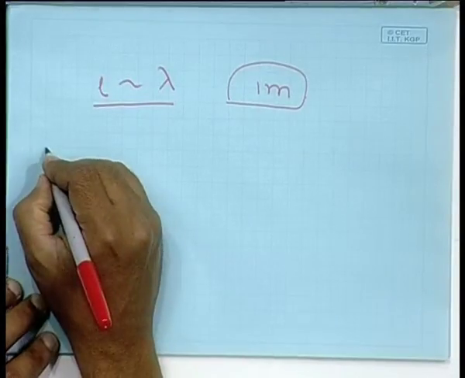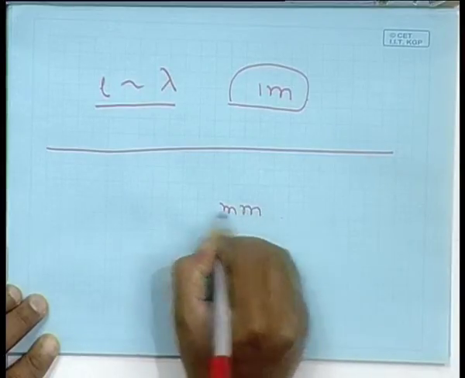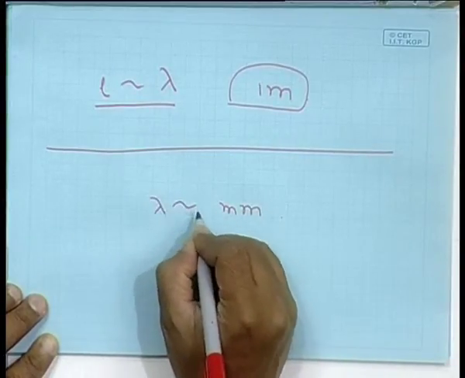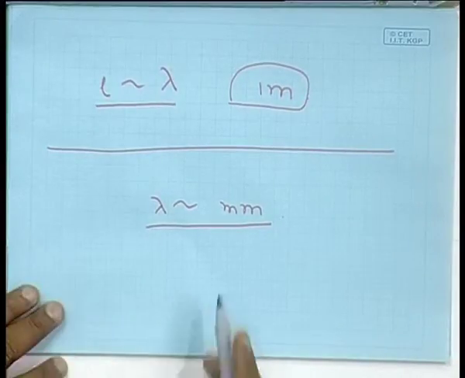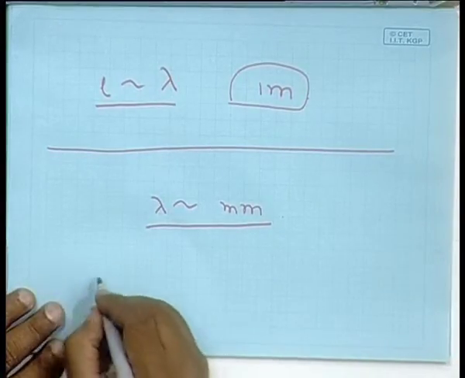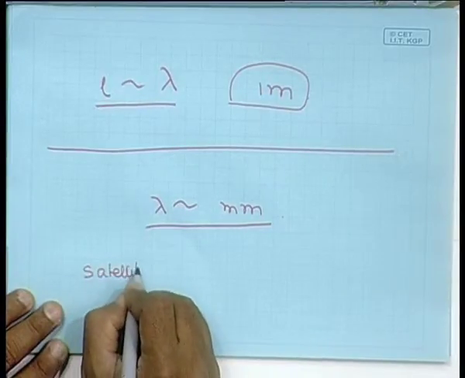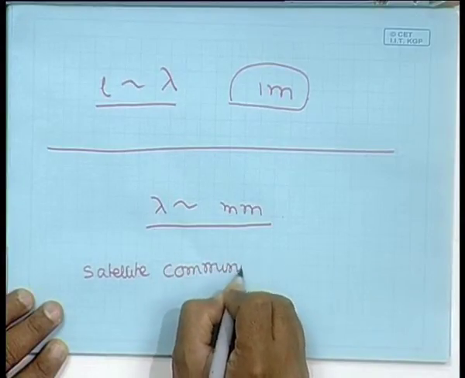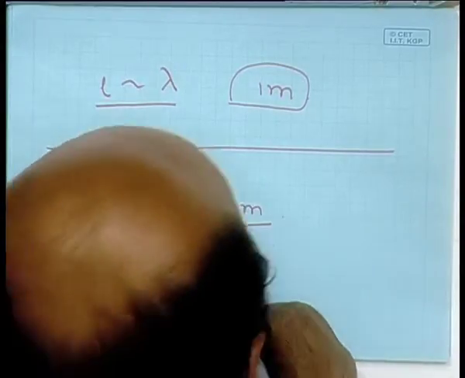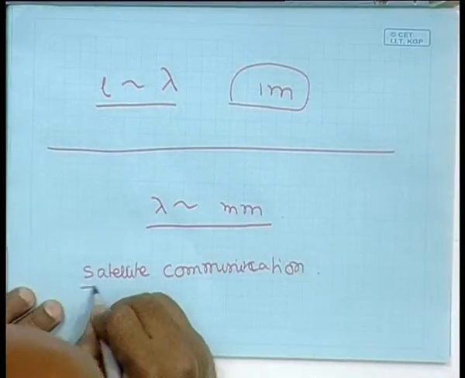Now, if you go to much smaller wavelengths, let us say millimeter wavelengths, so lambda is of the order of a millimeter or possibly even less, this wavelength has several satellite communication and various other communication applications.